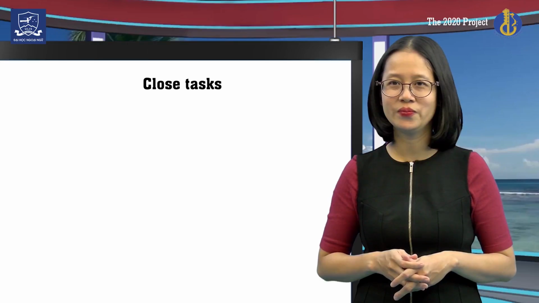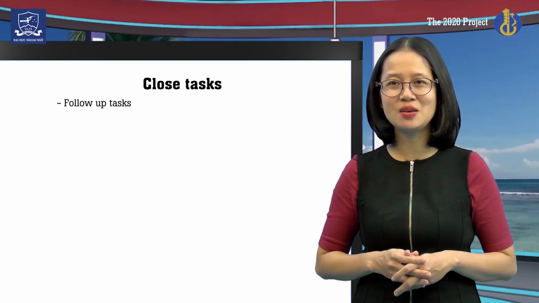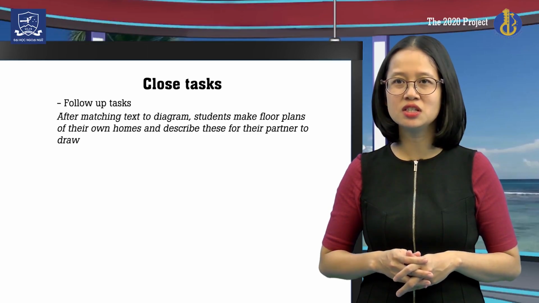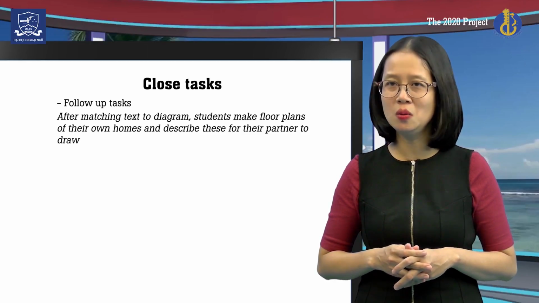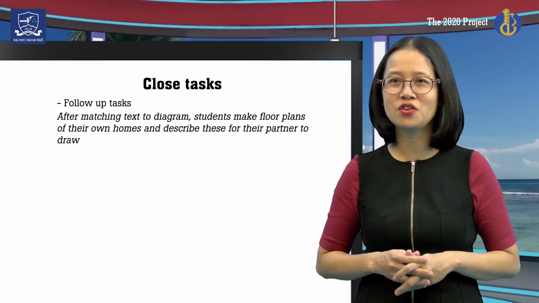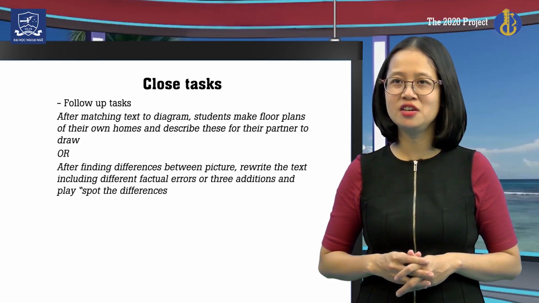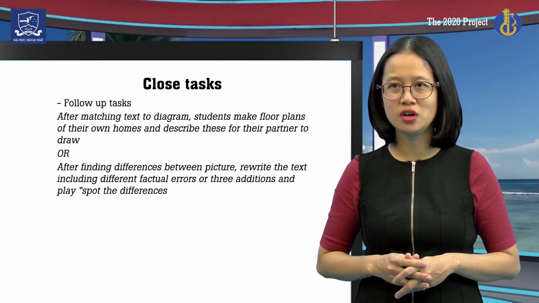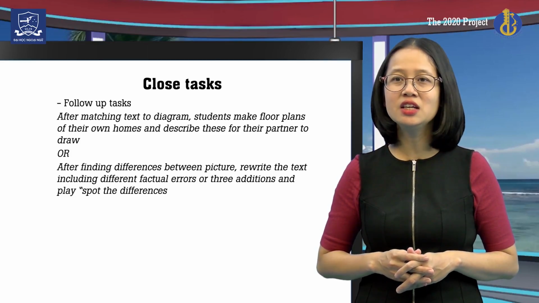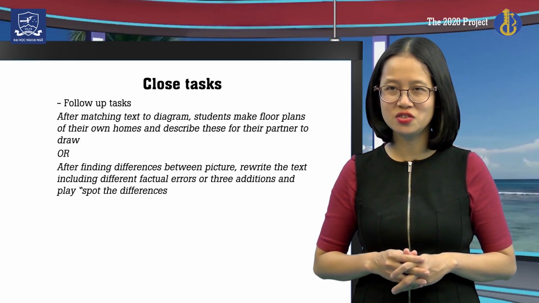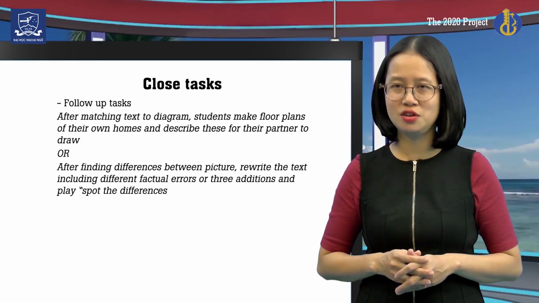Some follow-up tasks can be: after matching text to diagram, students make floor plans of their own homes and describe these for their partner to draw. Or, after finding differences between pictures, rewrite the text including different factual errors or 3 additions and play spot the differences.